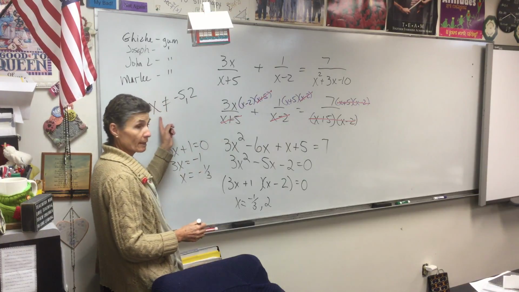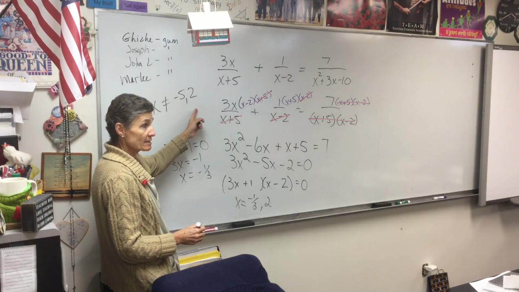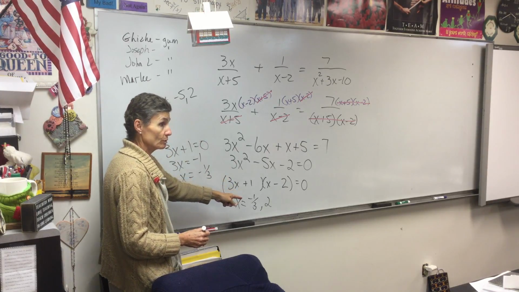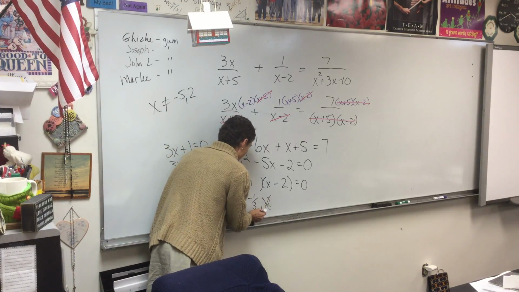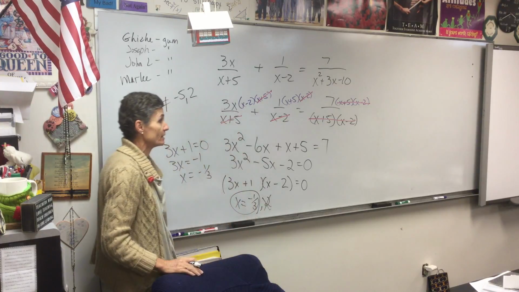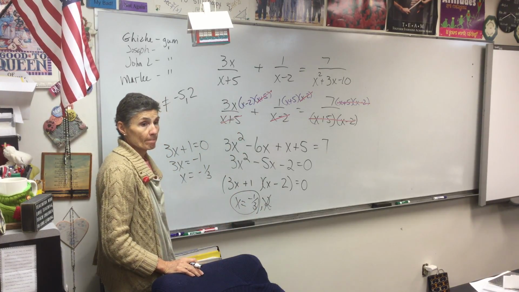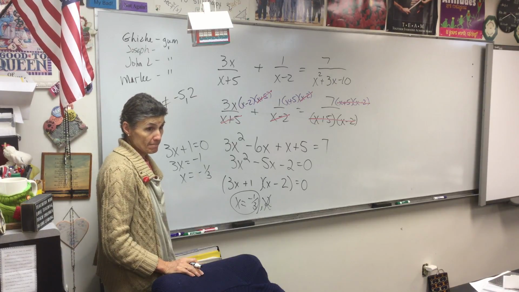Now let's double check up here. Remember we said we had some things x couldn't be? Oh yeah, it can't be 2. One of them was 2. Uh-oh, cross him off, and the only answer is negative 1/3. Okay? So everybody knows what's on the quiz tomorrow.